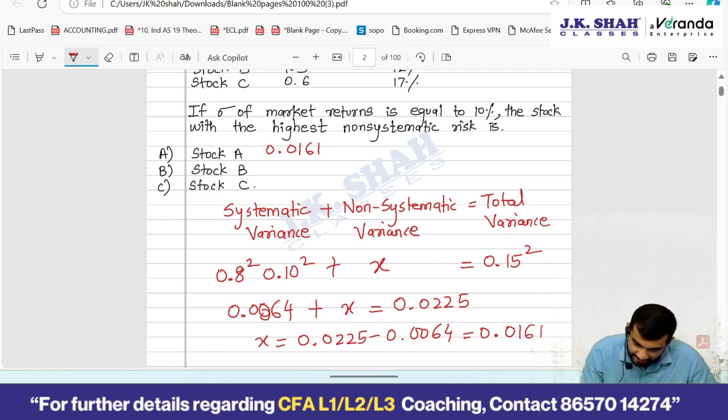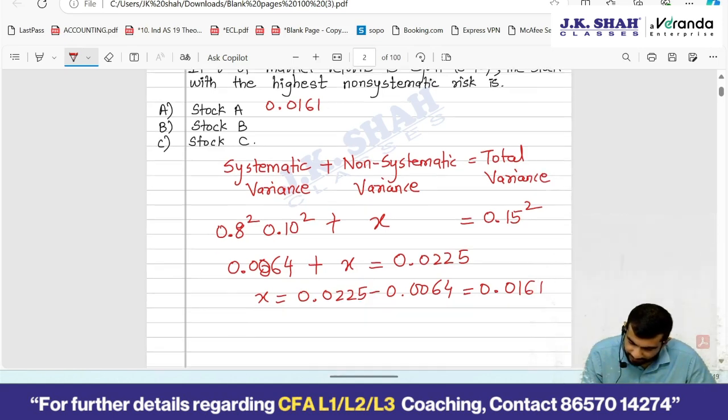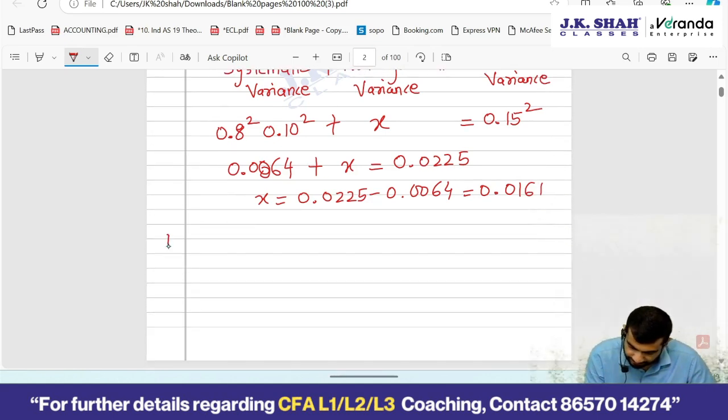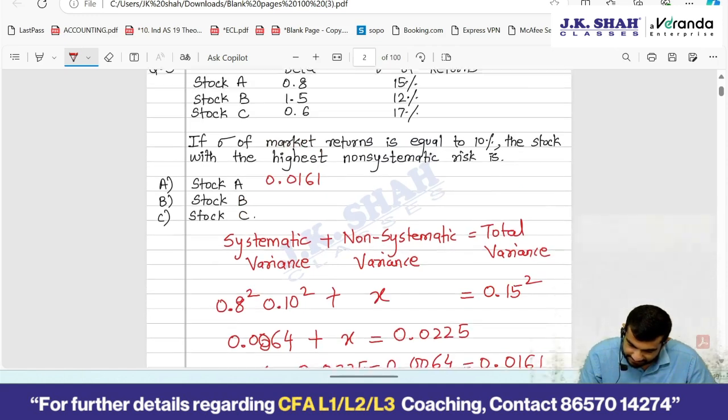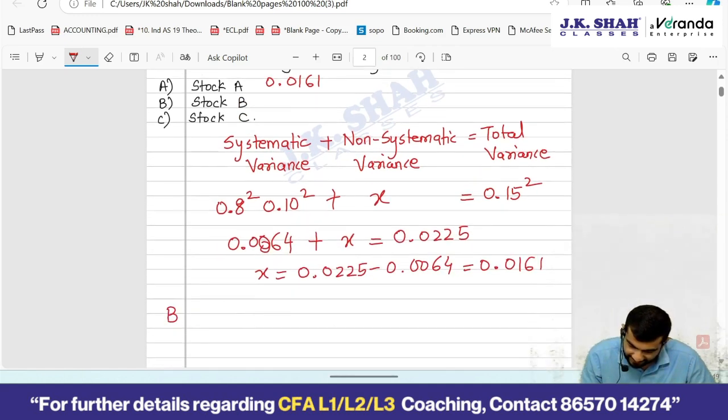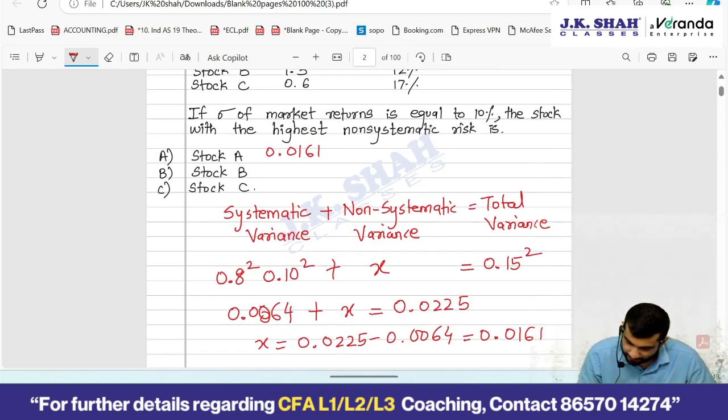For stock B, systematic variance would be 1.5 square and 0.1 square plus X, and standard deviation is how much for stock B? 12%.